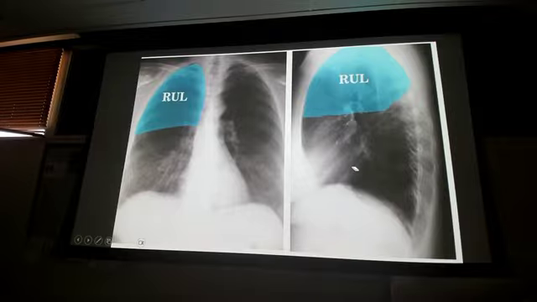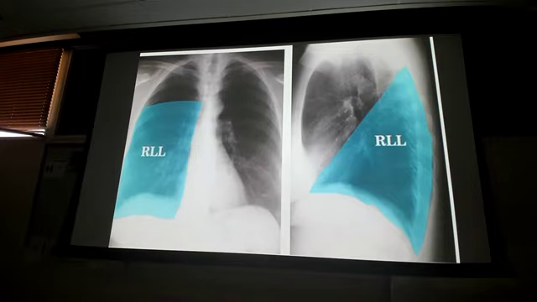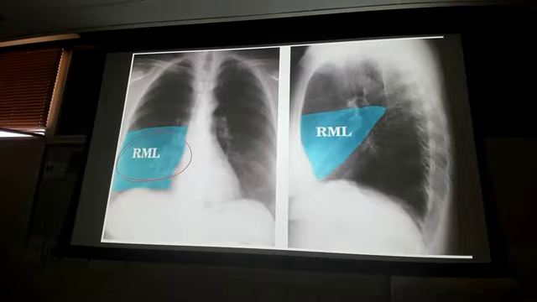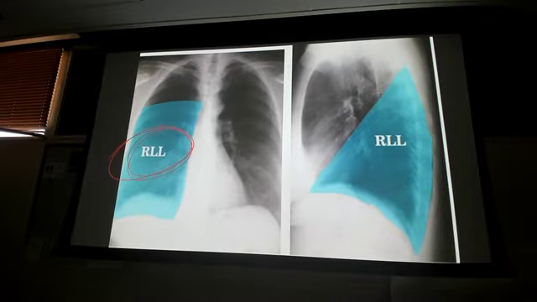So when you're trying to figure out, is it middle lobe or lower lobe on the right side, the first thing you're going to do on your AP is ask, is it in this area? Because if you notice what I just circled there on the lower lobe, it's the same on the middle lobe. So then I'm like, okay, is it lower or middle?